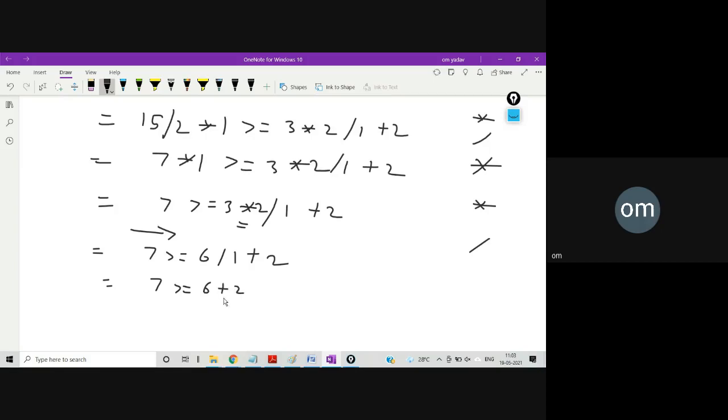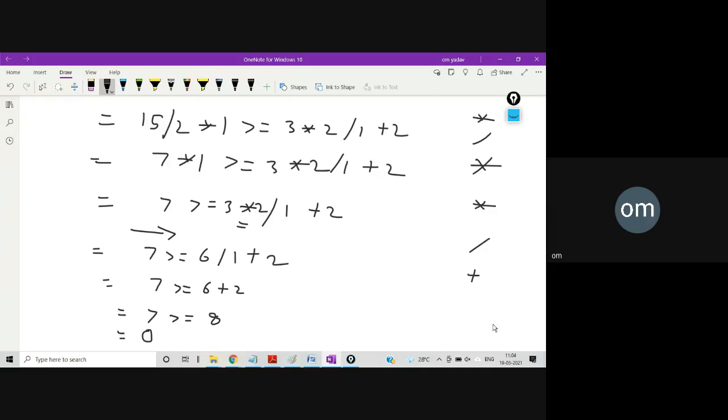Still one arithmetic operator is remaining, that is plus. 7 greater than or equal to 8. Now there are no arithmetic operators remaining. The final operator left is greater than or equal to. So is 7 greater than or equal to 8? No. So the answer is false, which is 0.